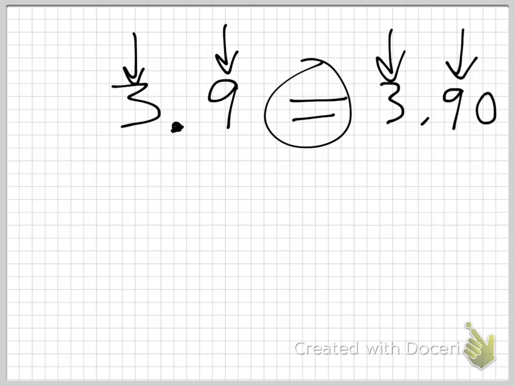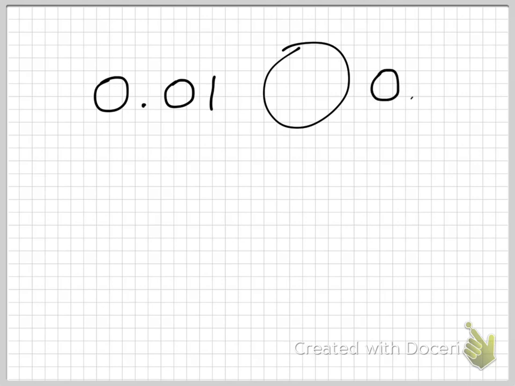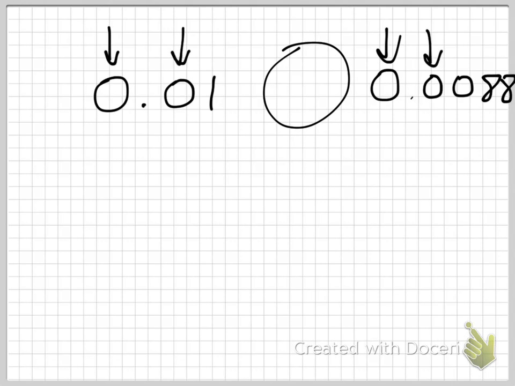Believe me when I tell you, they try to trick you sometimes with giving you numbers like 0.01 and 0.0088. Just by quickly looking at it, it looks like 88 is bigger. Don't you agree? But that's not true because you look here and you go, okay, 0, 0, fine. 0 tenths, 0 tenths. 1 hundredth and 0 hundredths.